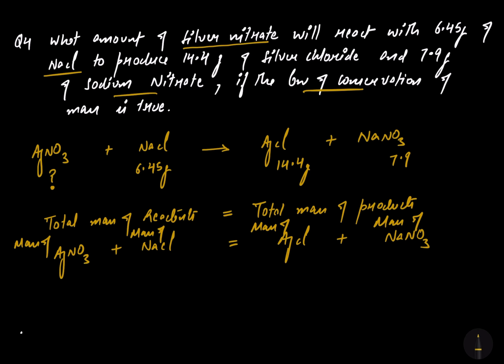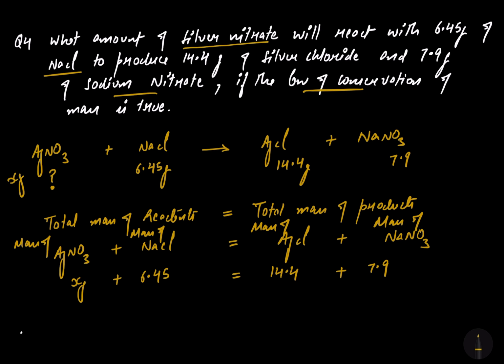So what's the mass of AgNO3? Assume it to be x grams that we have to evaluate. What's the mass of NaCl? It's 6.45. What's the mass of AgCl? It's 14.4. What's the mass of NaNO3? It's given to be 7.9. So let us evaluate.